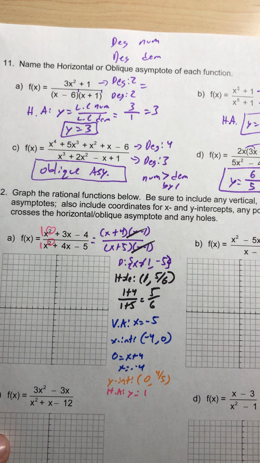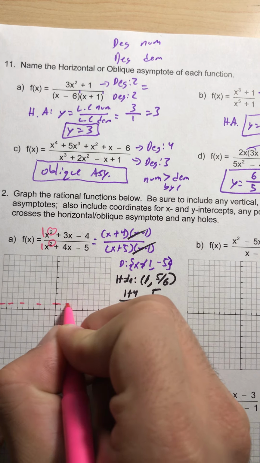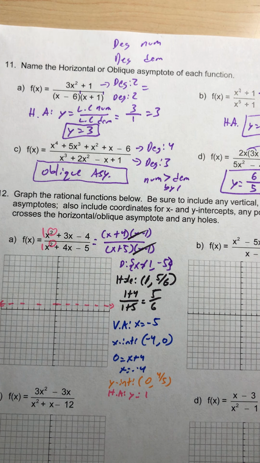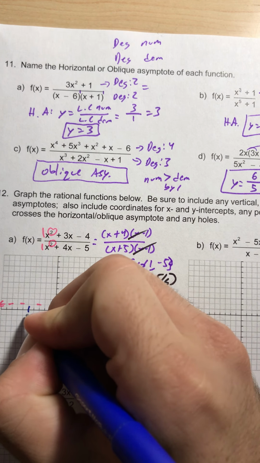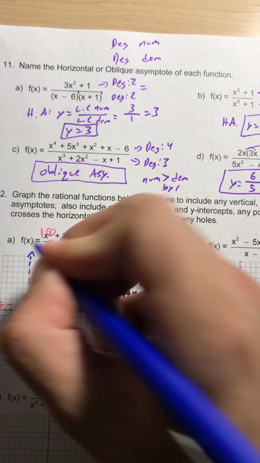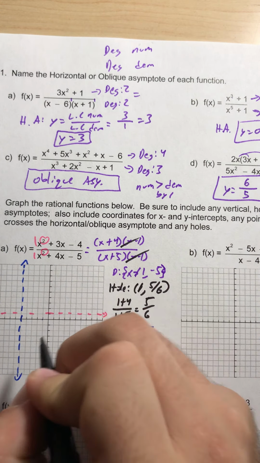All right. So now time just to put some of this information on. I'll do my horizontal asymptote at y equals 1. My vertical asymptote at x equals negative 5. I got a hole at (1, 5/6).